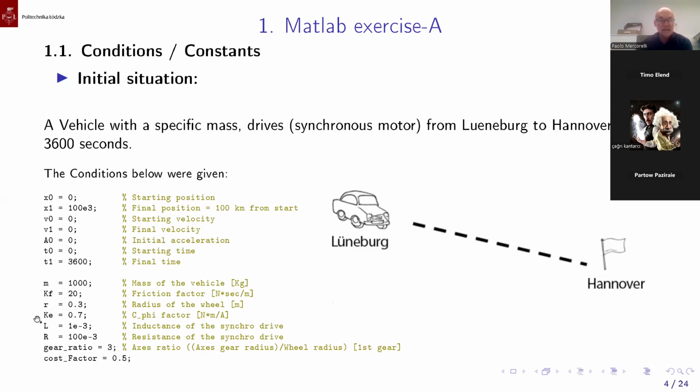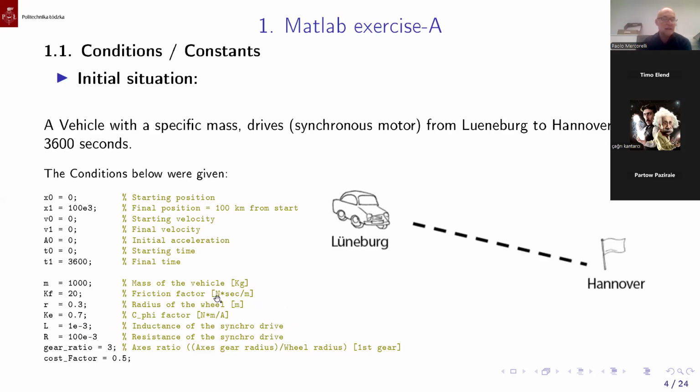We have an electrical motor, which is characterized by a constant Ke. In some books, the name is the C phi factor. Anyway, it is a factor which connects the electrical with the mechanical side.